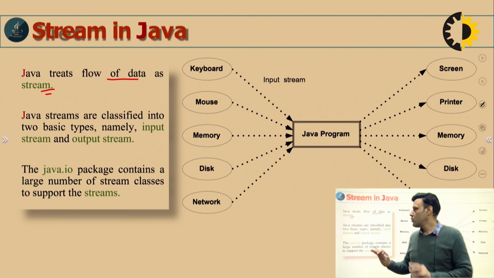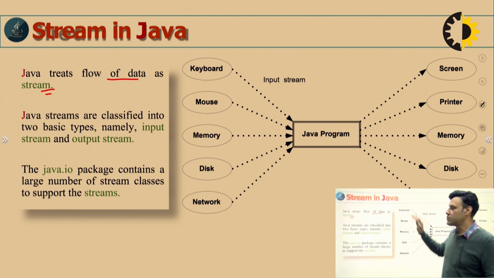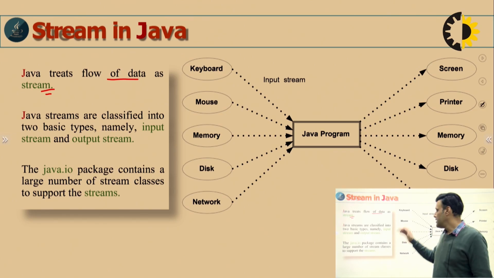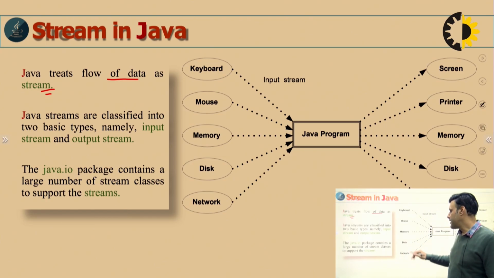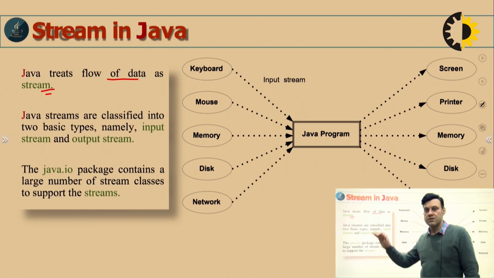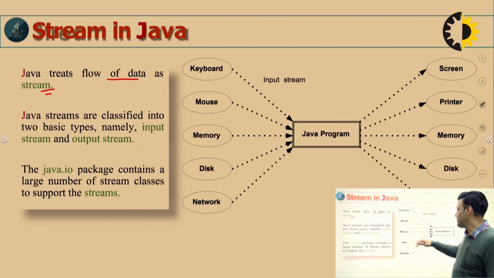As we know, there are a lot of input devices. For example, we give input via keyboard or mouse. The data can be read from memory, from any disk, from any network. All these can be termed as input, and here the input stream will work.